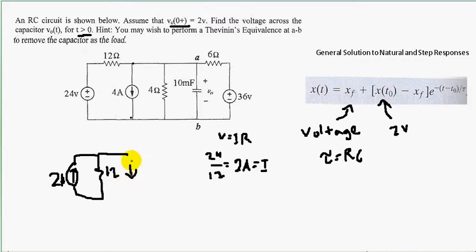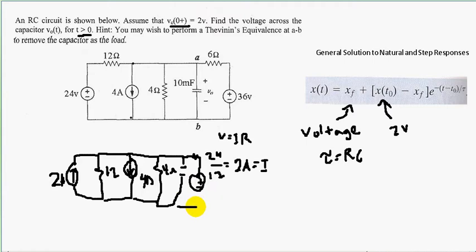So we have a 4 amp source, a 4 ohm resistor, and this capacitor. And then we have our 6 ohms and 36 volts.